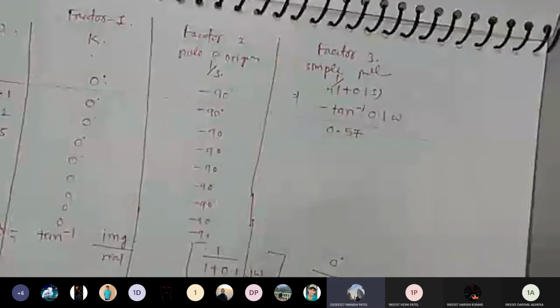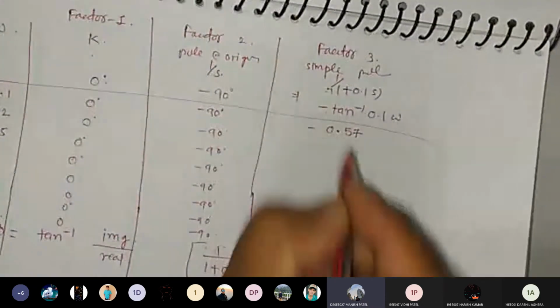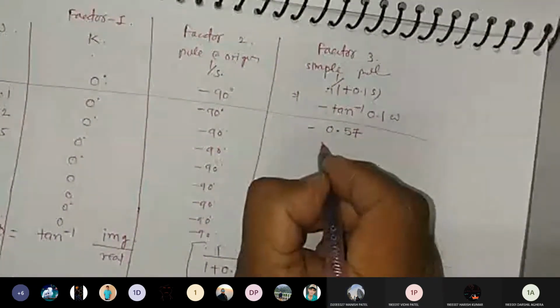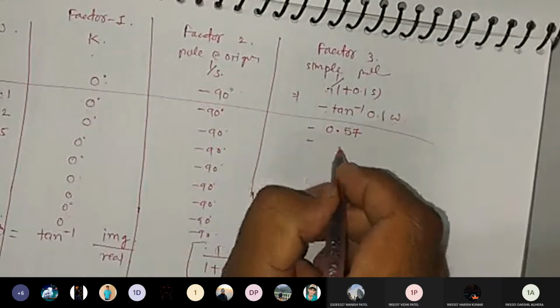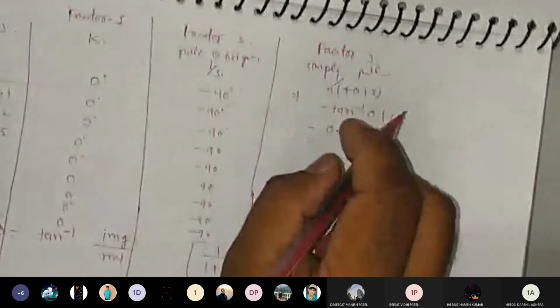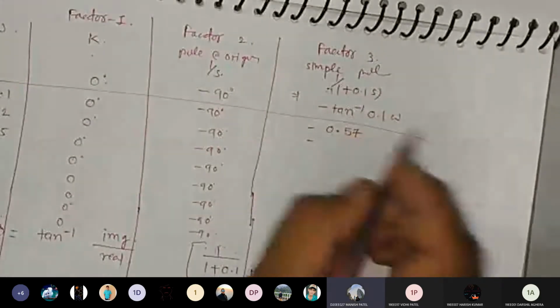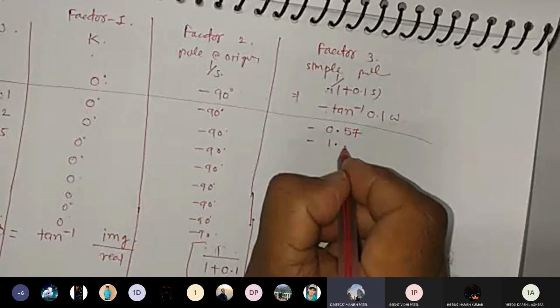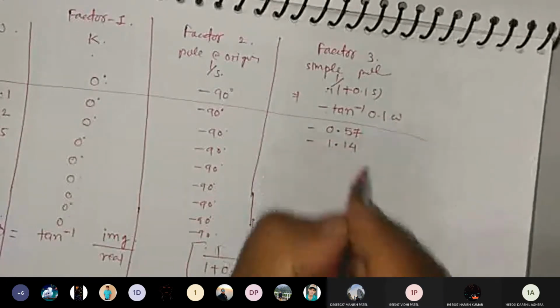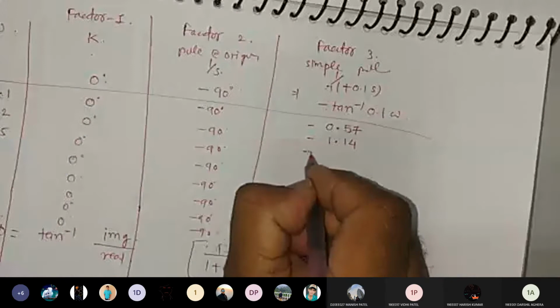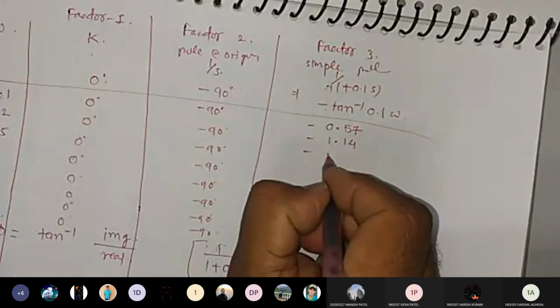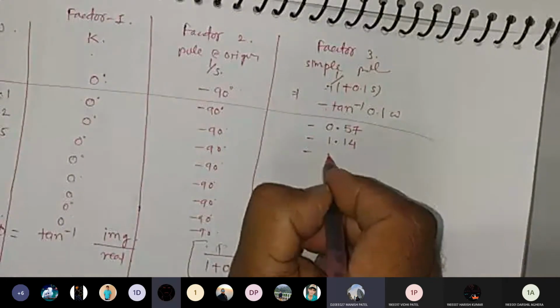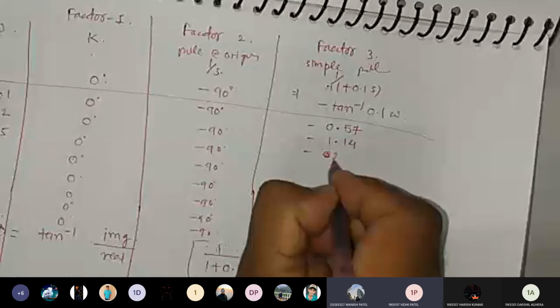Next, minus 0.2, minus 1.14. Okay, next 0.5, minus 2.86.